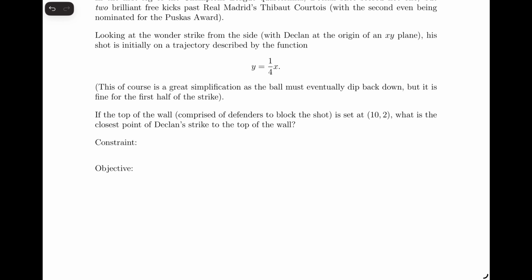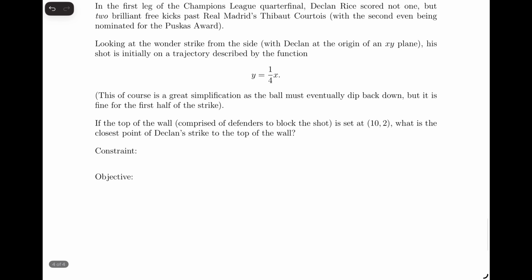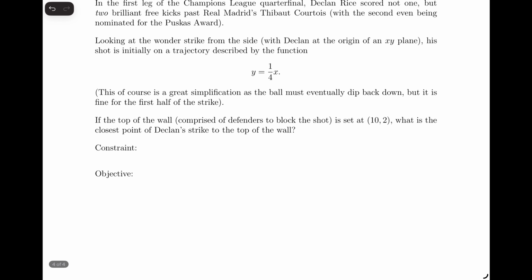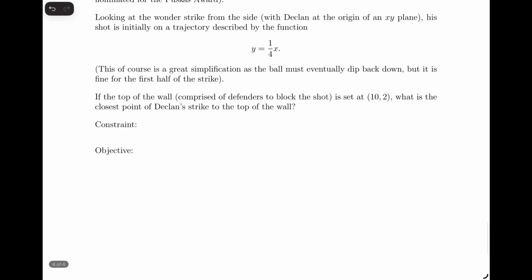Then we're told the top of the wall, which is comprised of defenders to block the shot, is set at (10, 2). That's in terms of yards, if that wasn't previously said. For soccer fans, the wall has to be 10 yards away from the shot, so 10, 2, about 2 meters tall. And we need to find the closest point Declan's strike is to the top of the wall. Okay.